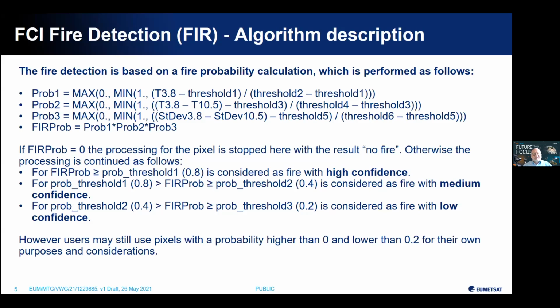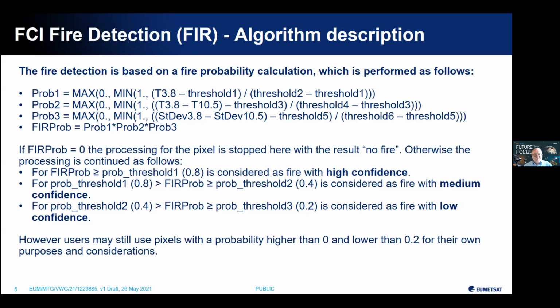The fire detection is a sort of probability calculation which is performed for 3 different probabilities. We compare the measurement in 3.8 micron to a maximum and minimum threshold range. We do the same for the difference 3.8 and 10.5. And we do the same for the difference of the standard deviation in these channels.